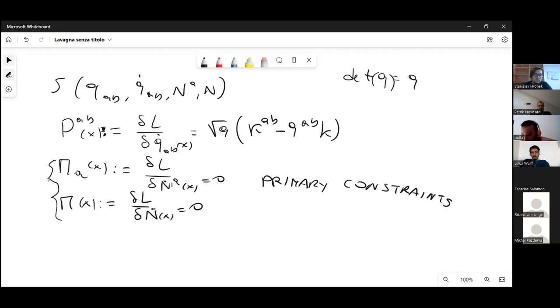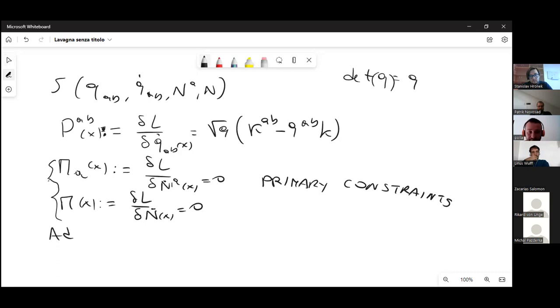Okay, and now the procedure created by Dirac is that for any vanishing primary constraints, we have to add to the Lagrangian multipliers associated to such primary constraints.